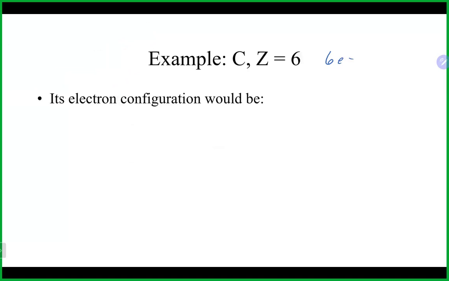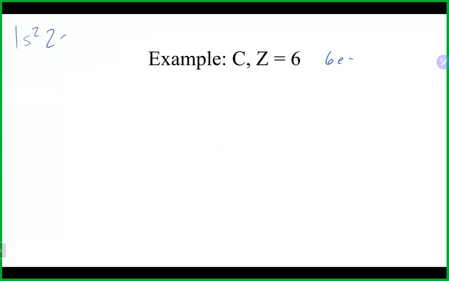So for carbon, it would be 1s2, 2s2, 2p2. Electrons on the second energy level now is 4. Yes, they are both on the second energy level. So we have 4 electrons on the second energy level, still our maximum number of electrons on the first energy level, which is 2.